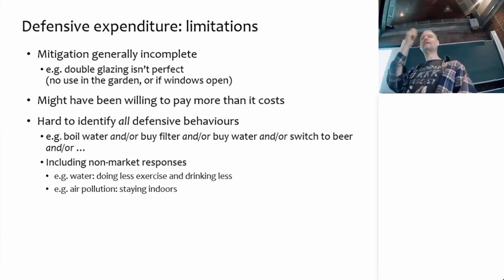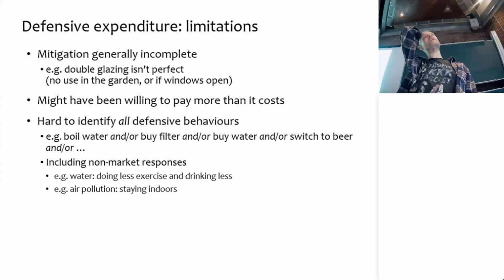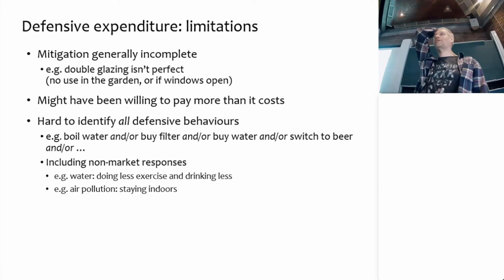And then including that in the portfolio of responses, you need to start collecting a lot of data about these people, right? Not just did they buy bottled water, did they boil their water? No, but did they respond in other ways as well? You need actually to observe a lot of things. Same is true for air pollution. It's not just the filters and stuff, but also people staying indoors more.